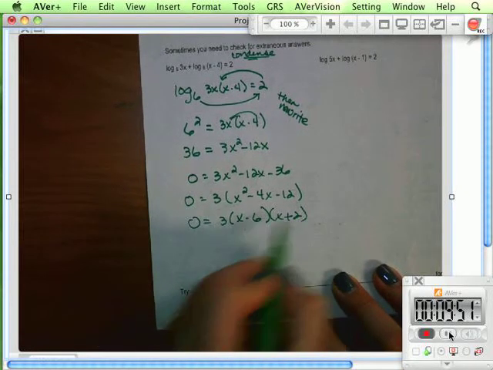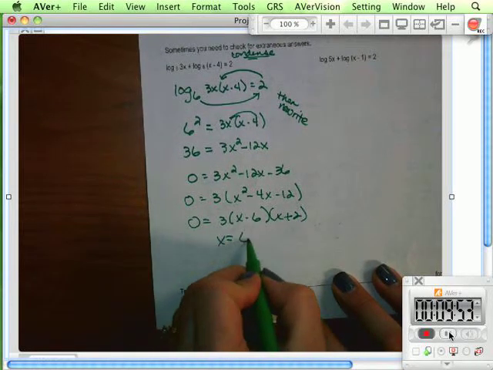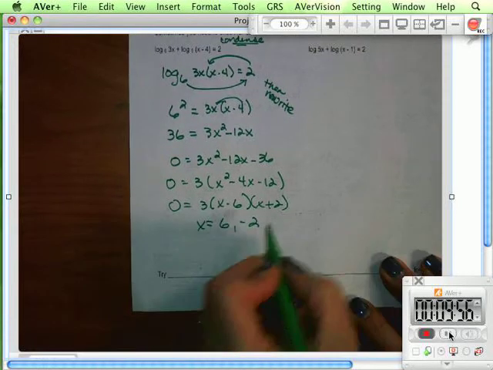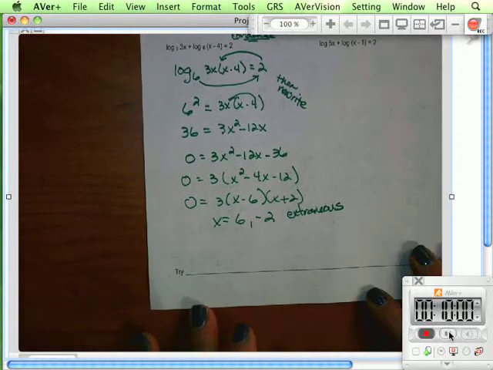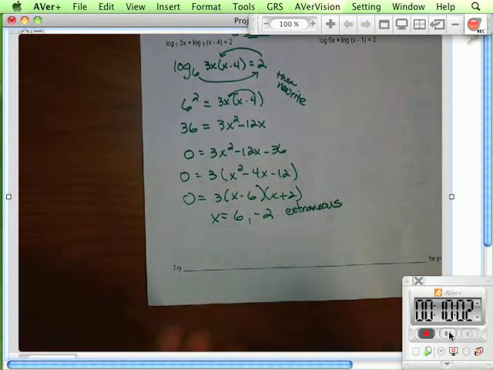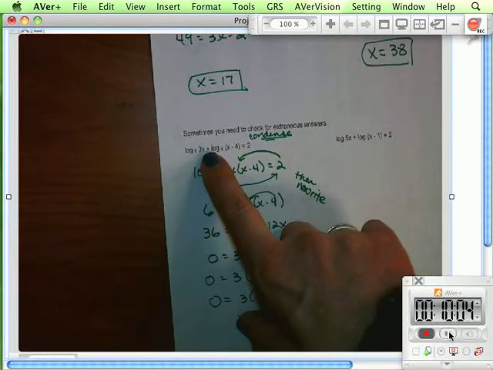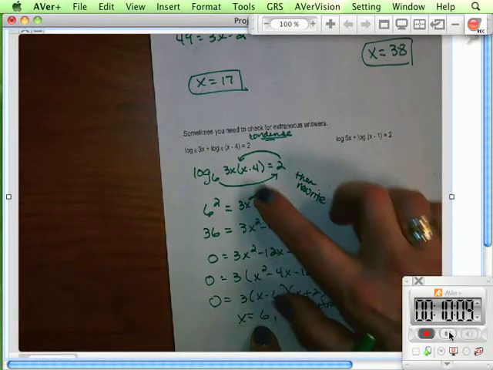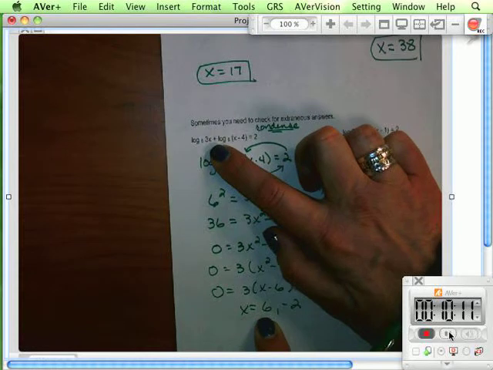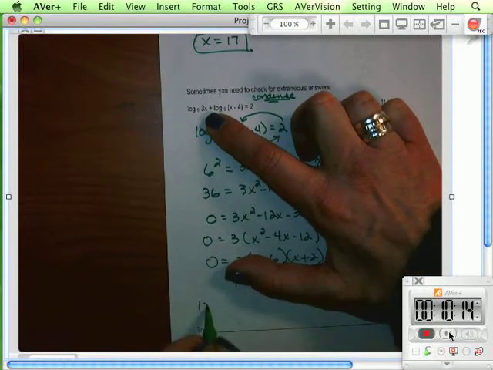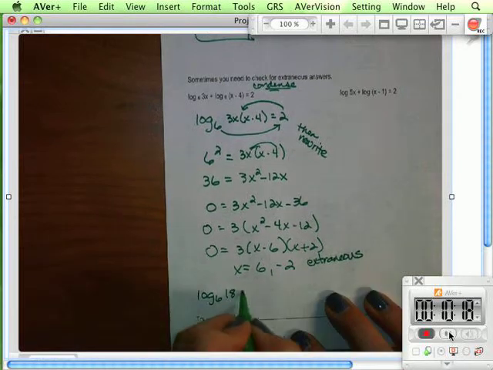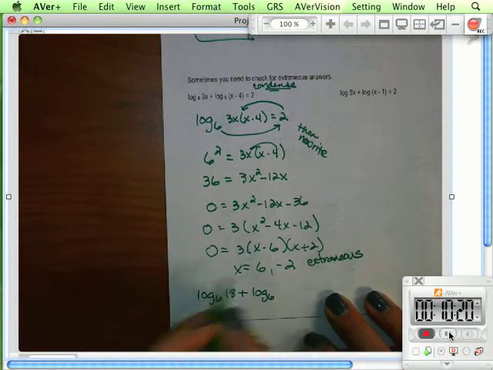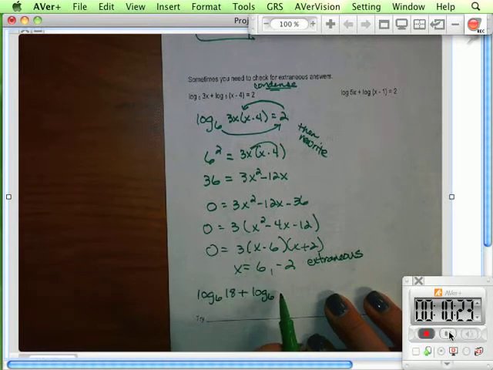So x is equal to 6 and negative 2, and we have to check for extraneous. Now that's what this looks like. Okay. What you do is you take your x value back up here, and let's write it down and see what it looks like. So I'm going to take my x value back up into here, and that makes log base 6 of 18 plus log base 6 of 6 minus 4 is 2.